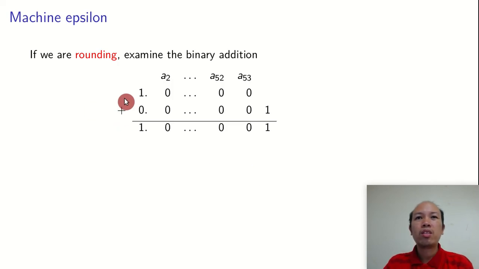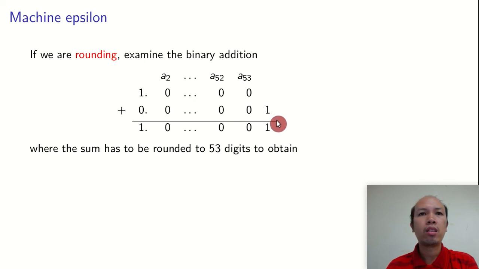Okay, so if you are going to round, remember, when we round, notice that this number here that we are going to add will exceed by 1 digit because we chop up to, I guess, 53 digits.